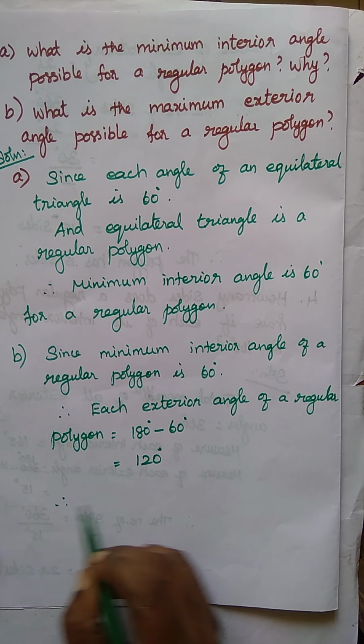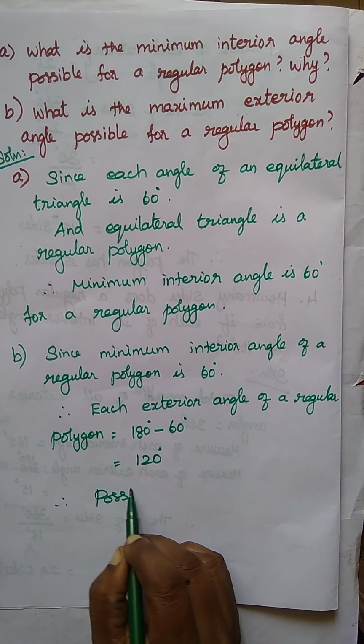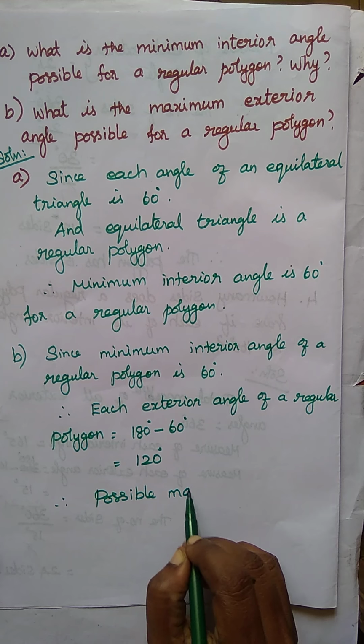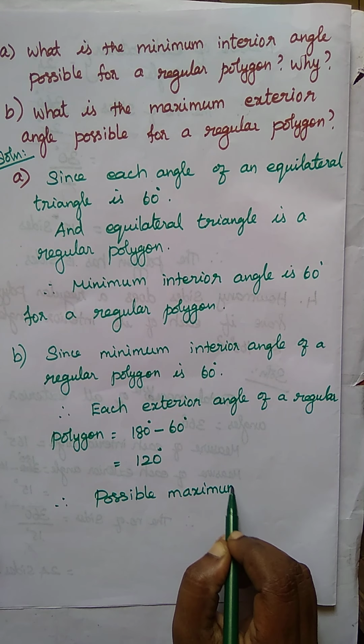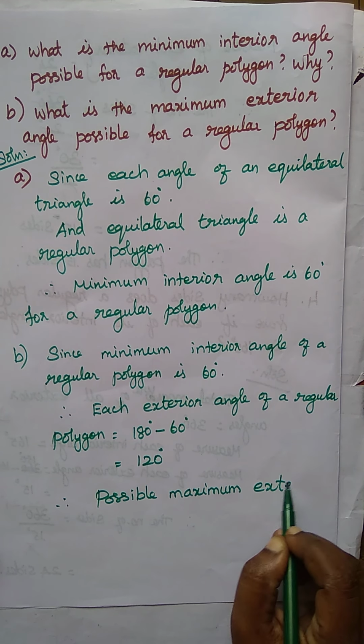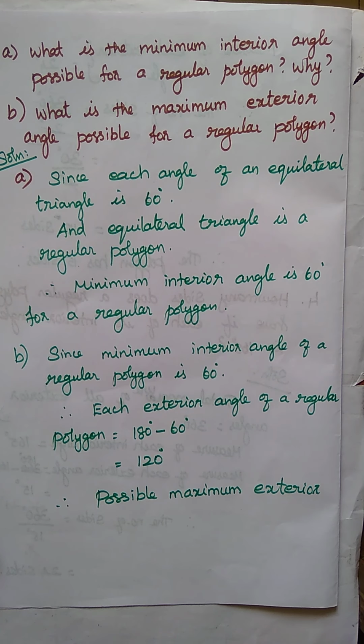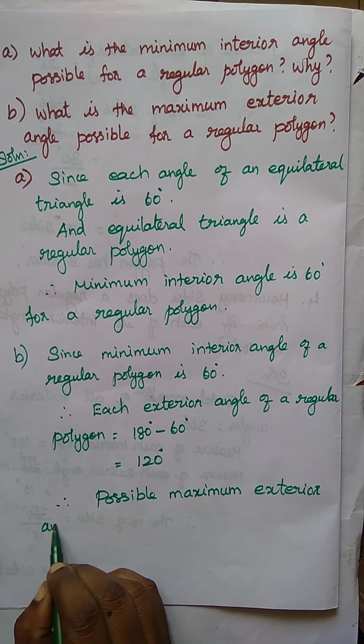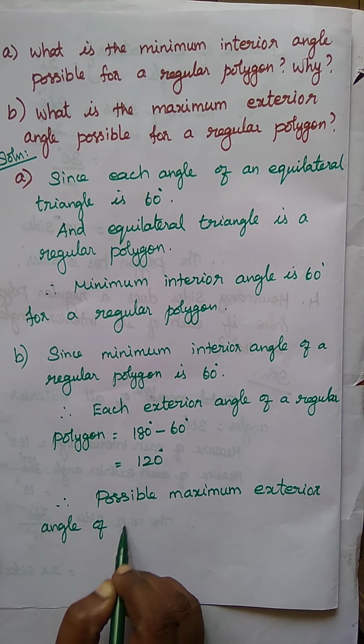Okay, therefore possible maximum exterior angle of a regular polygon is 120 degree.